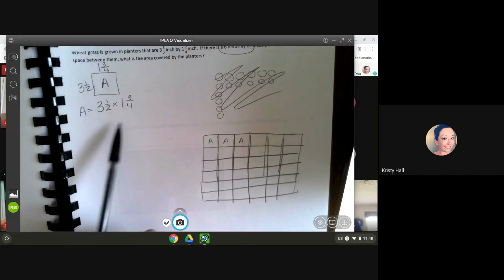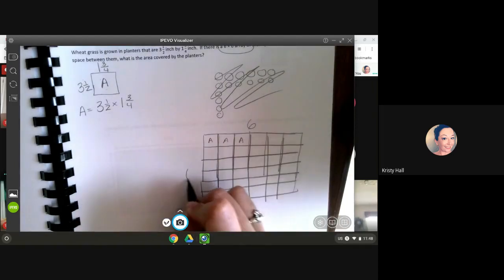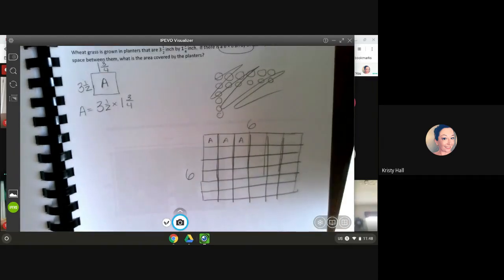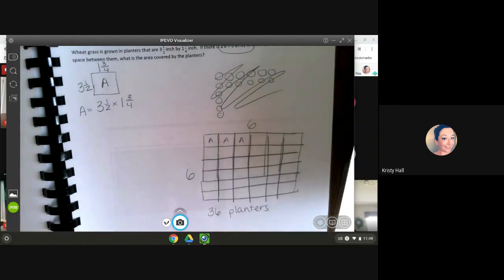We have to find the area of this first planter. But then you have to think about how many planters are there. 36. There are 36 planters. So you have to figure out how much space do all 36 planters take up.